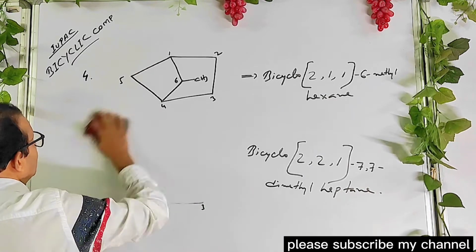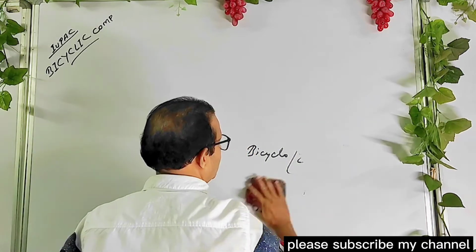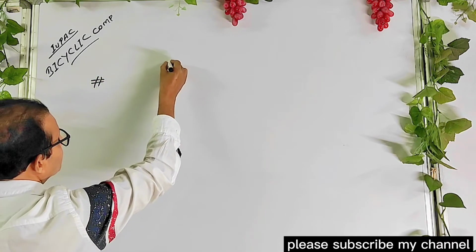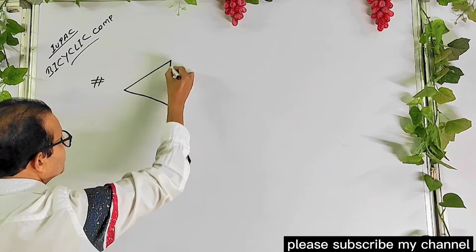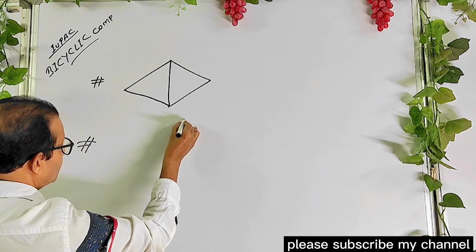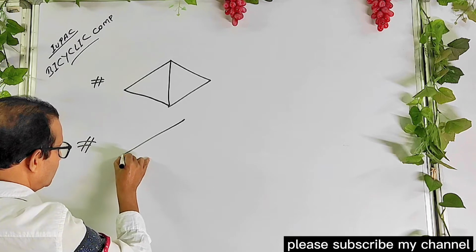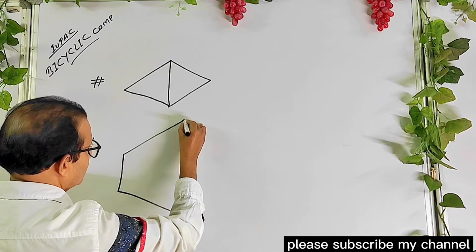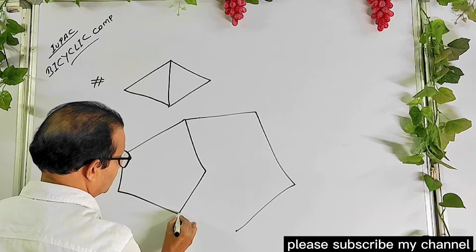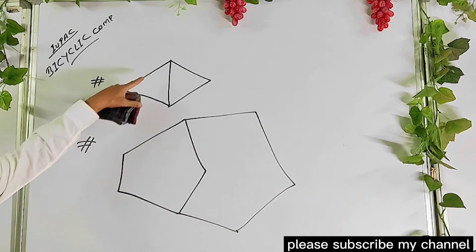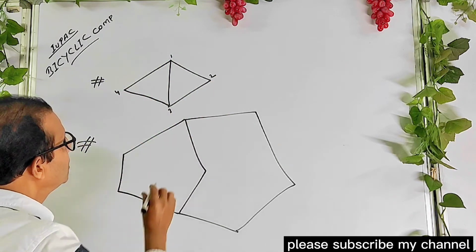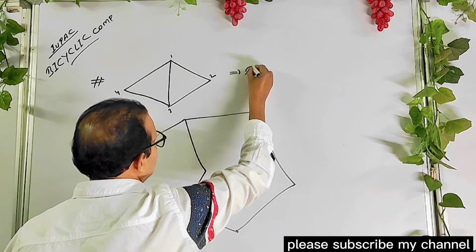Now do it. First number 1, 2, 3, 4. So bicyclo, these are all IUPAC naming.